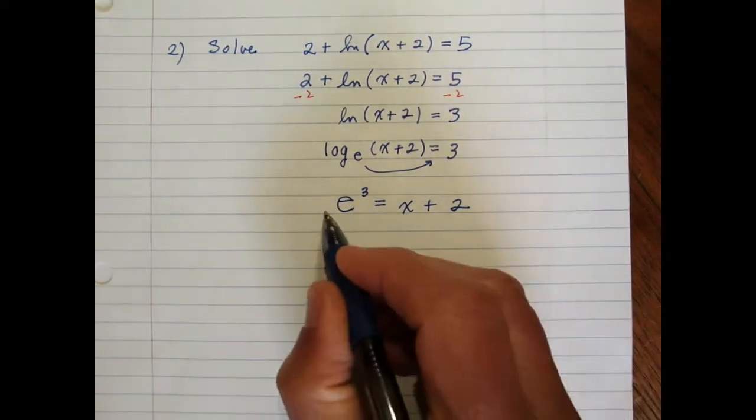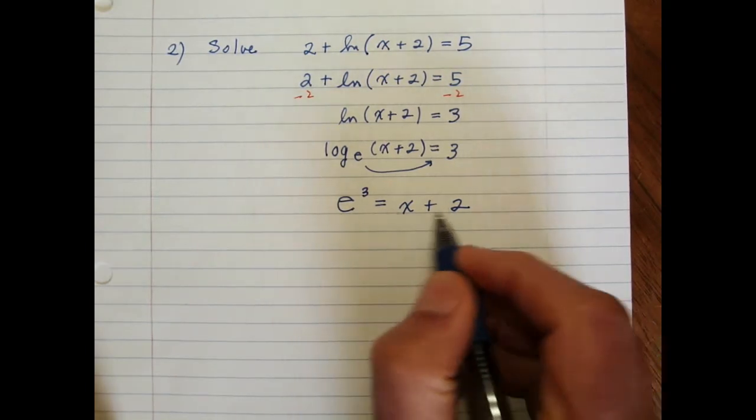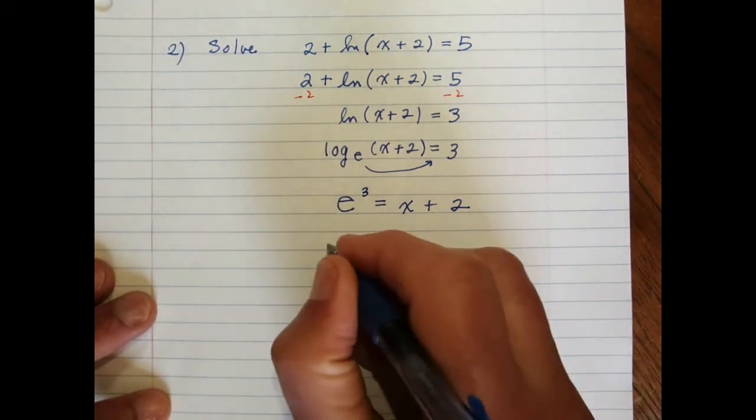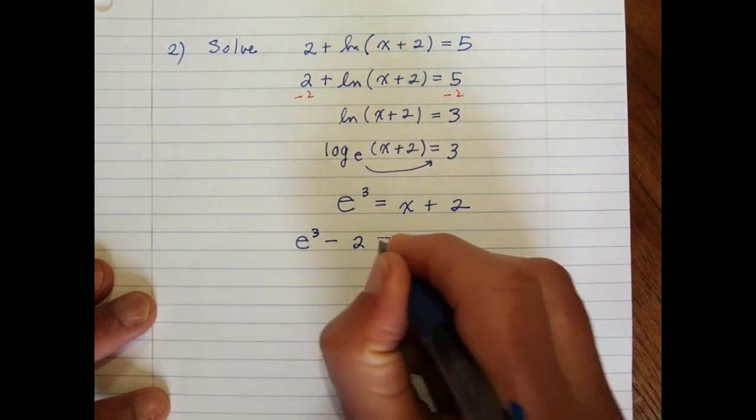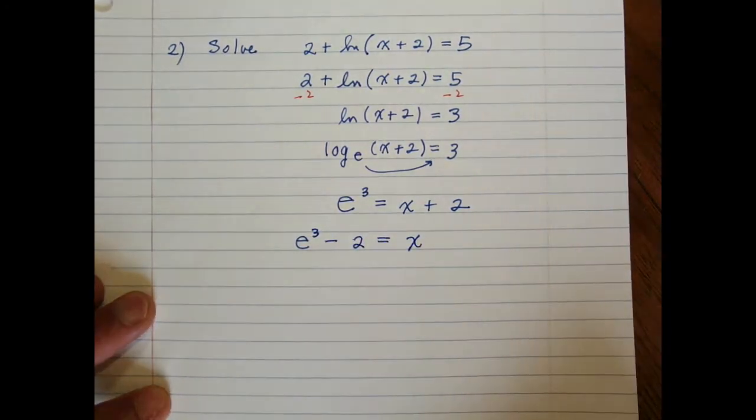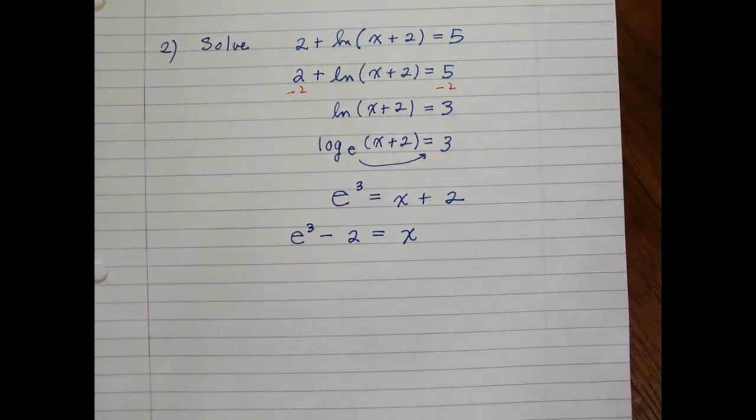Notice there's just not that much to do at this point. I'm just going to subtract 2 from both sides. e to the third minus 2 is x. And that's my result.